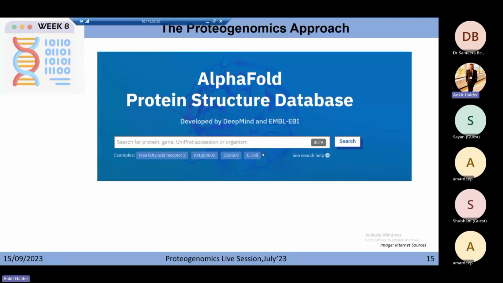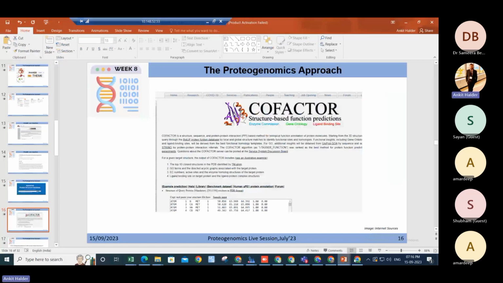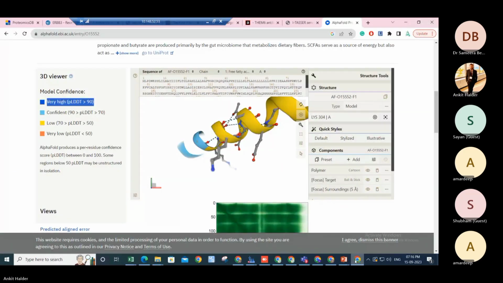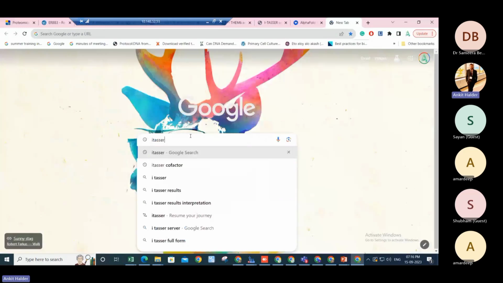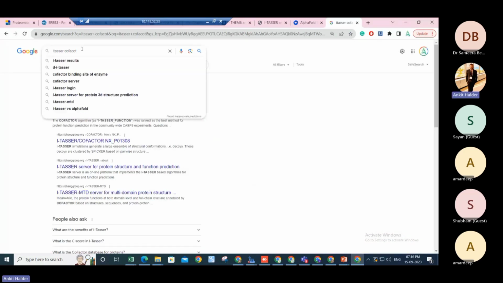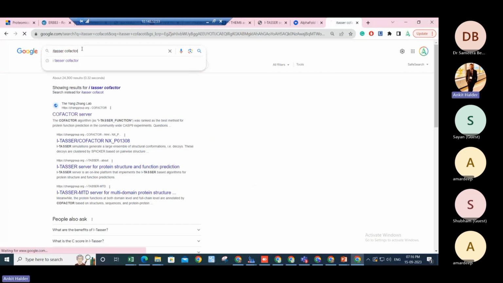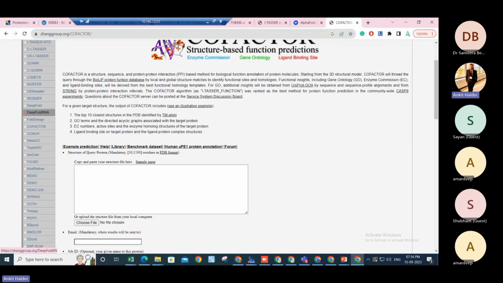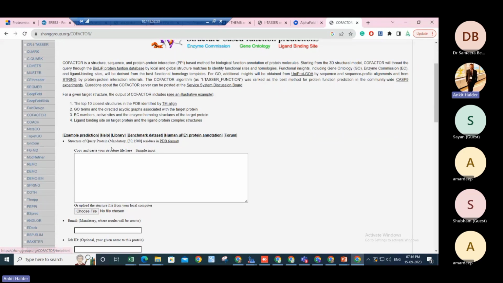So if you go for COFACTOR, I-TASSER or COFACTOR generally takes time and will provide you the result within a day or so. But definitely that experiment I told you about is worth trying. Here you can see the human UP1 protein annotation forum.